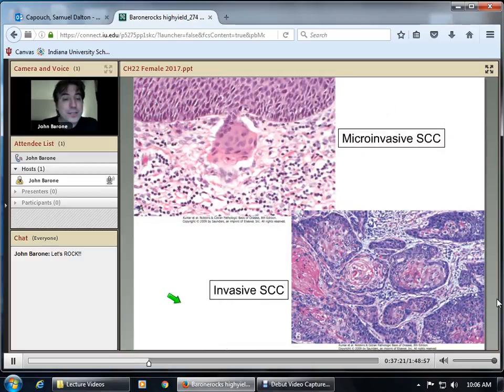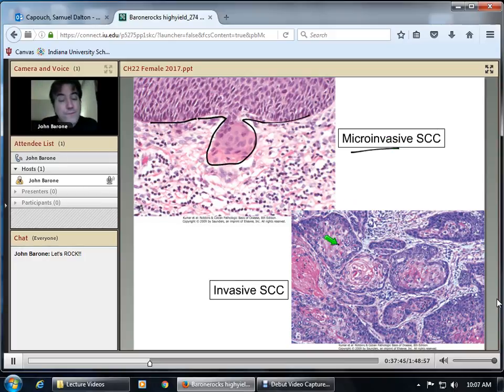All right, now let me just show you the difference between microinvasion and true invasion. Microinvasion means you just get a small area of a few millimeters, and again, it's variable. Some people use 2, 3, 4, but it's invading a few millimeters. That's just microinvasion. Local therapy: just cone it, freeze it, get it out.